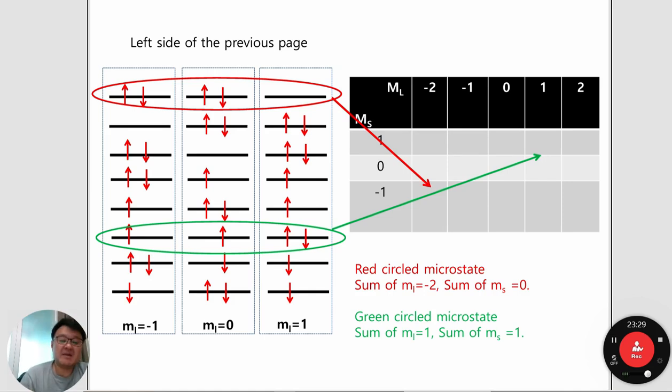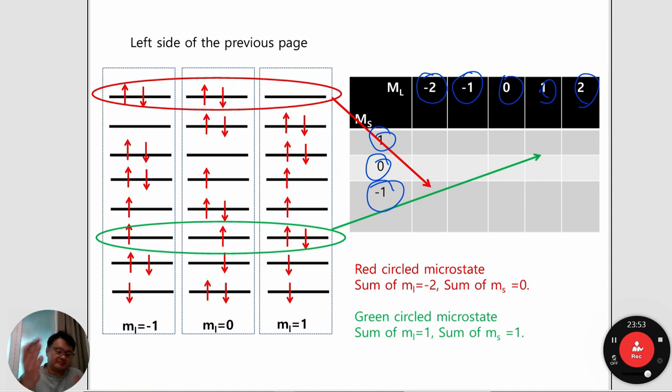And then make a table. Now, because we have more electrons, the sum of the magnetic quantum numbers can be either -2, -1, 0, 1, 2. The sum of the spin quantum numbers can be 1, 0, -1.